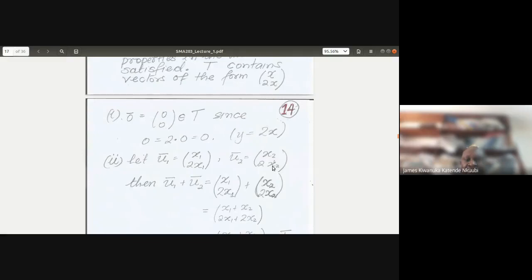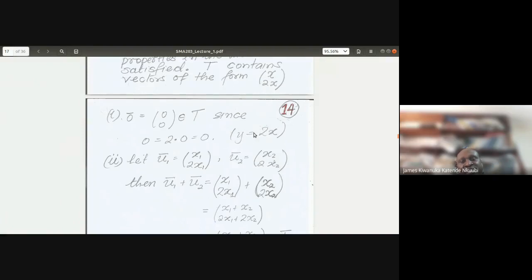So let's check. Is the zero vector in T? The zero vector in R2 is the vector with zeros in all the slots. This vector is definitely in T, because it satisfies the equation: 0 is equal to 2 times 0.